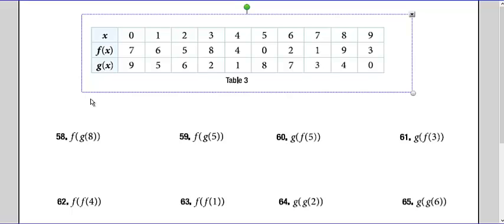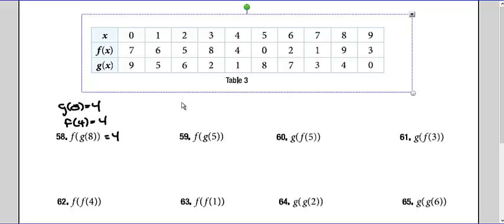So what we're going to do here first is g of 8. So here's g, here's 8. So g of 8 is 4, and then we do f of 4. So f of 4 is 4. So the answer is 4.